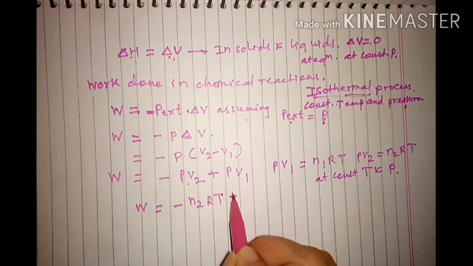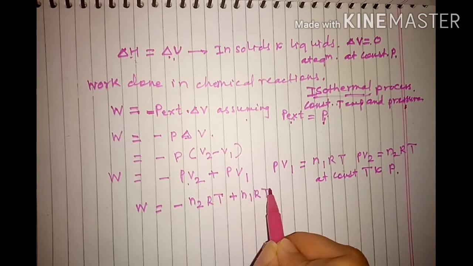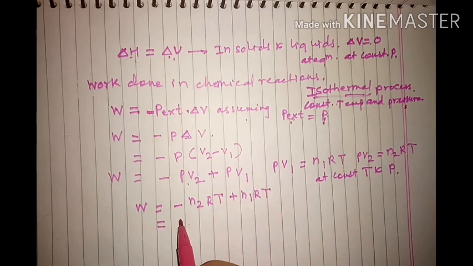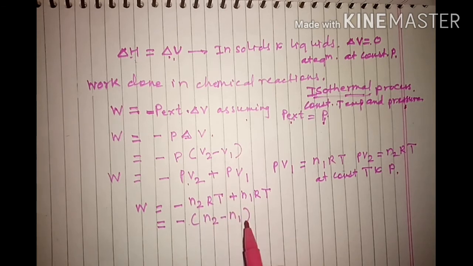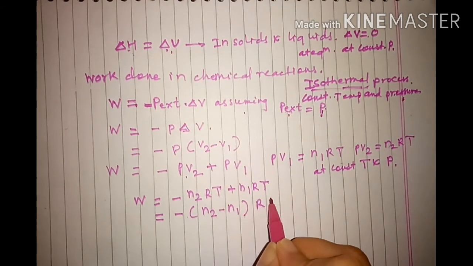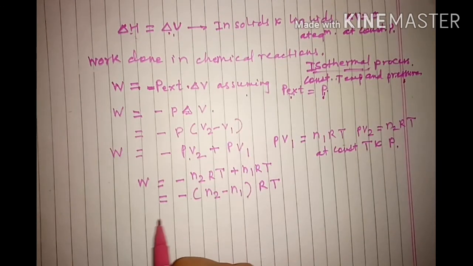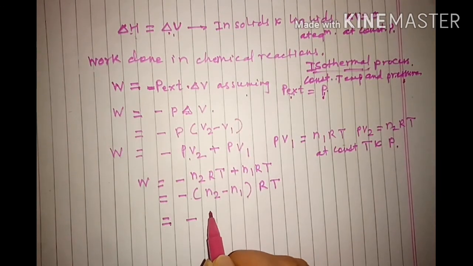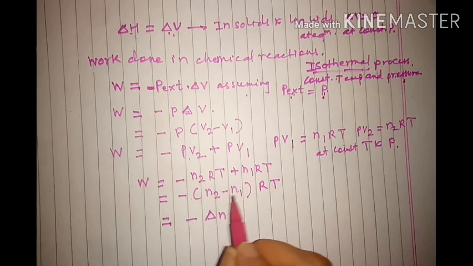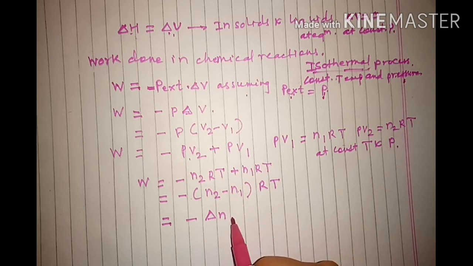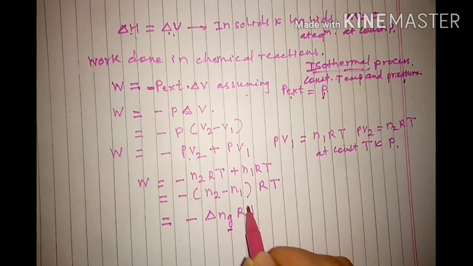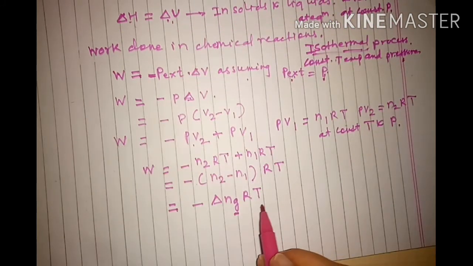Now simplify this: put the negative sign outside the bracket, so you can write N2 minus N1 into RT. Further, this equals minus delta Ng, the difference between the gaseous moles of product and gaseous moles of reactant, into RT. G stands for the gaseous phase of the reactant and product. Temperature is constant here.